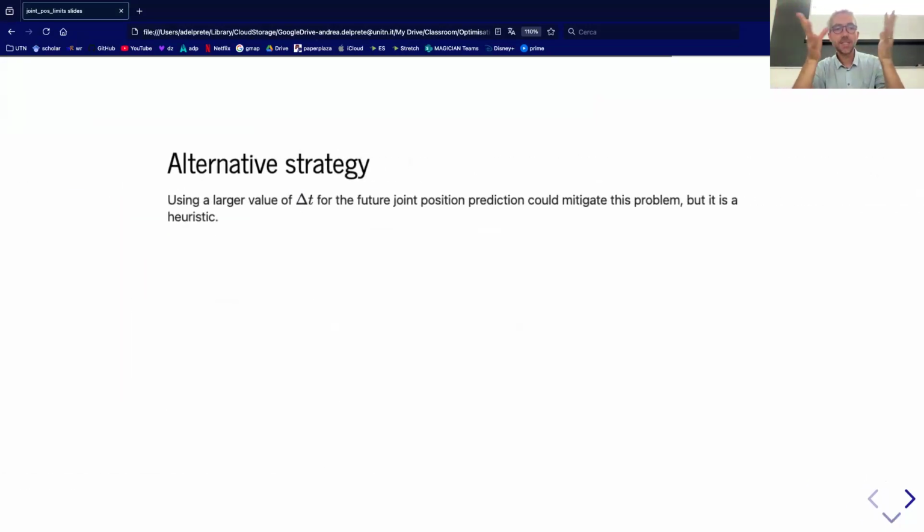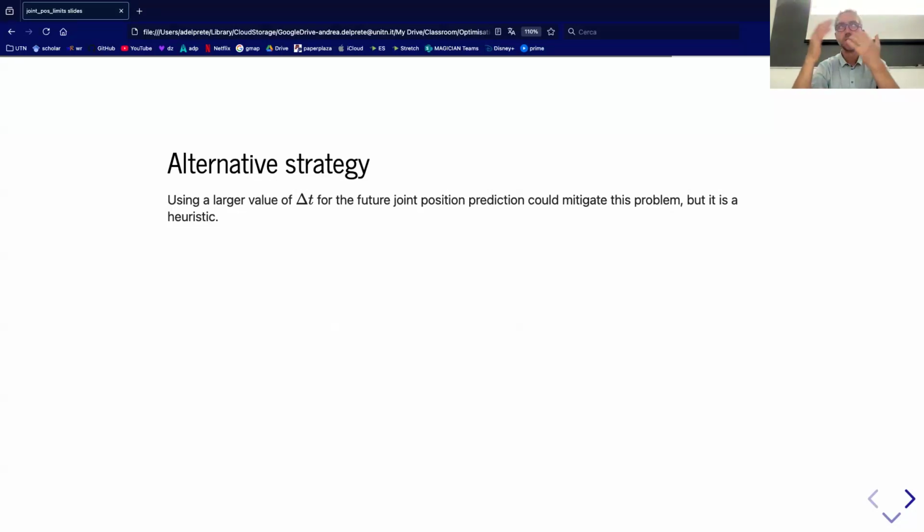So a strategy that has been proposed in the literature to try to solve this problem is to use a larger value of the time step delta t when you do the prediction for the next joint position. In this way, you're not predicting what your position is going to be in one time step, but longer into the future.